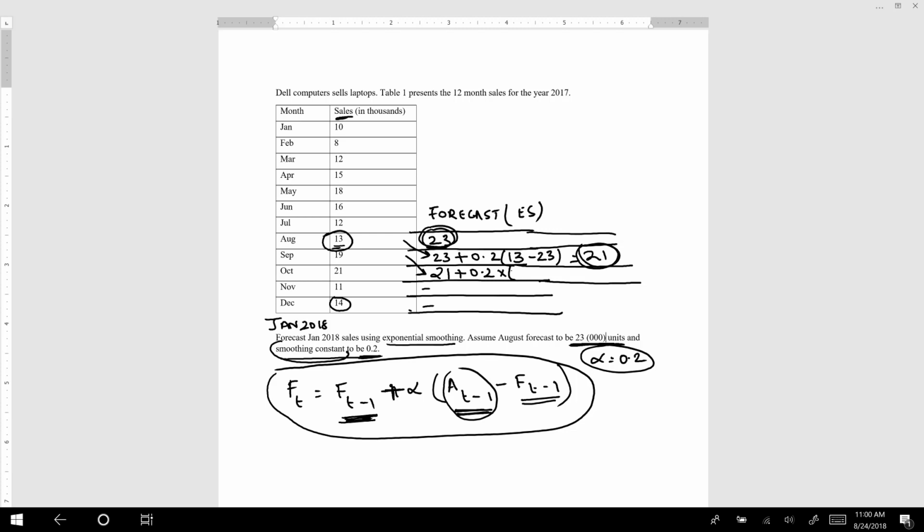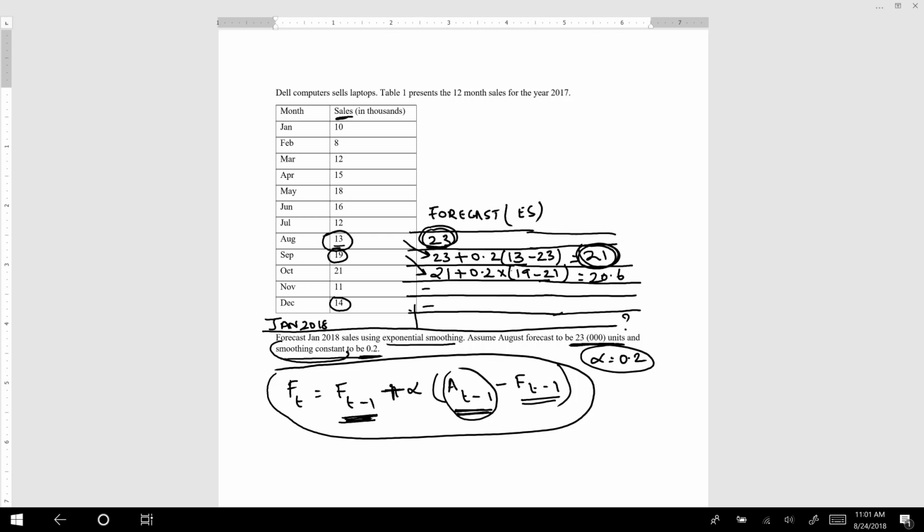September's actual value is 19 minus the forecasted value, which is 21. So we are going to get 20.6. We have to do the same thing until we reach January's forecasted value.